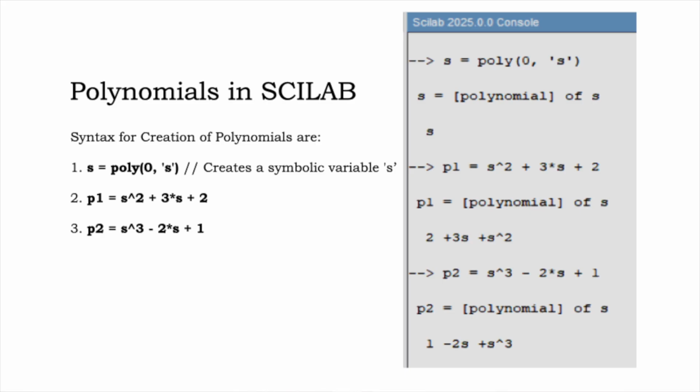Then p1 equal to s to the power 2 plus 3 into s plus 2 is one polynomial. p2 is another polynomial defined as s to the power 3 minus 2 into s plus 1.